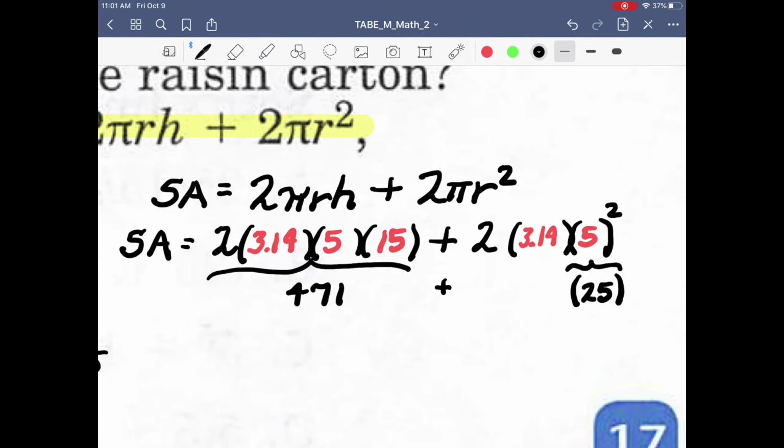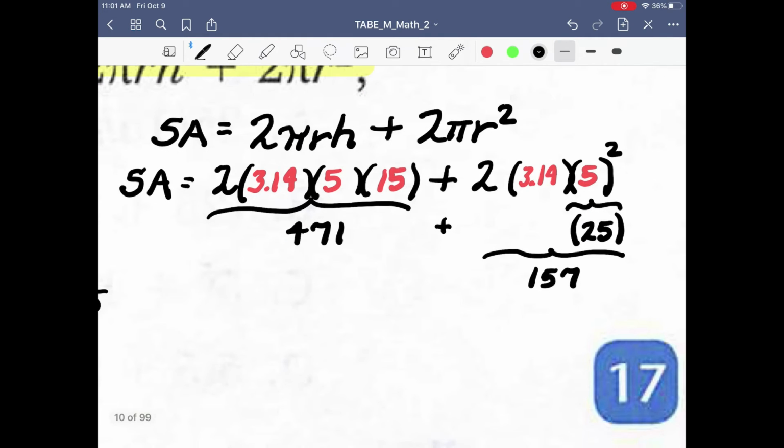And then on this one, we're going to say all clear. 2 times 3.14 times 25, and that is 157. And then go ahead and add those together, and you're going to get your surface area of 628 square centimeters.